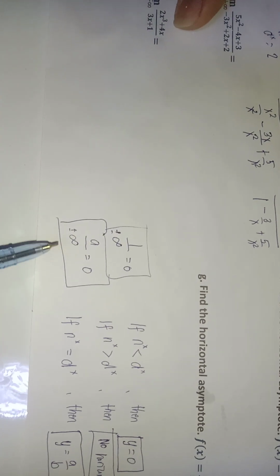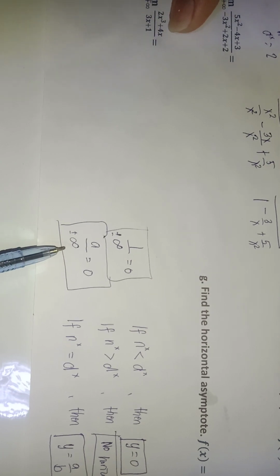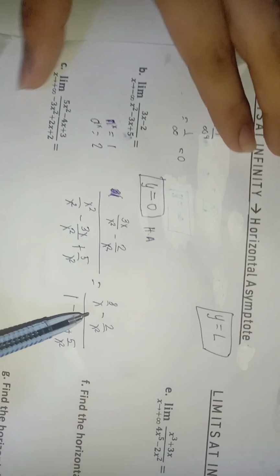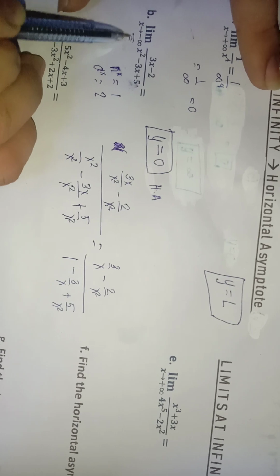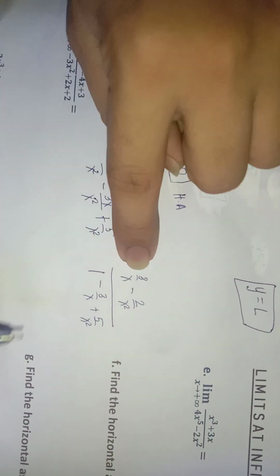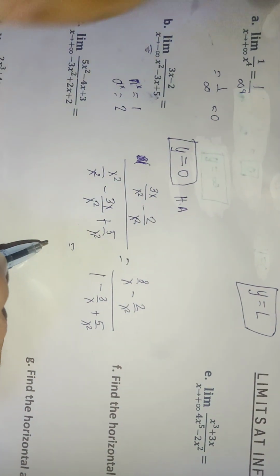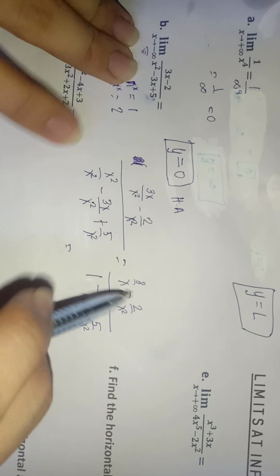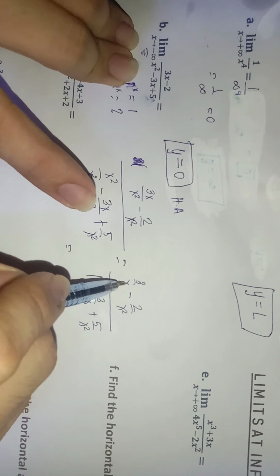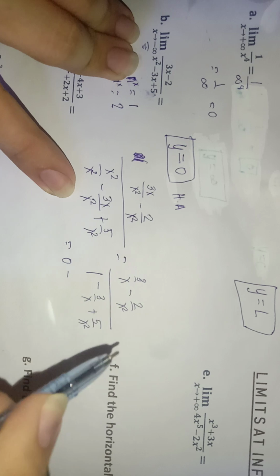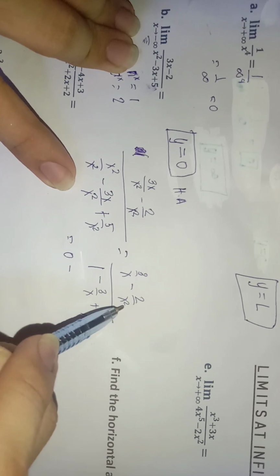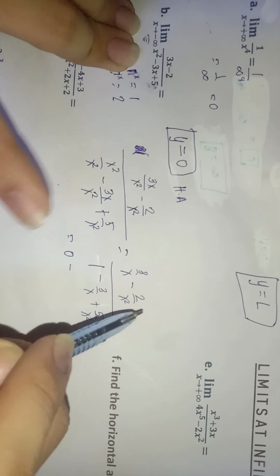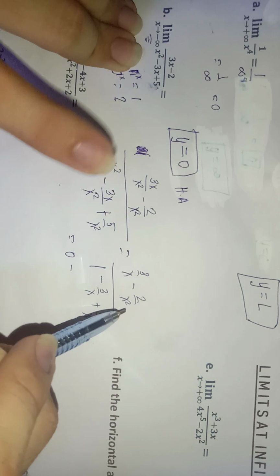So, any number divided by positive or negative infinity results to 0. So, lahat ng x magiging negative infinity. So, ito magiging 0. Once na in-apply na po natin yung substitution, so magiging 3 over negative infinity, that is 0, minus, ito naman 2, divided by negative infinity squared, or that is 2 divided by infinity.